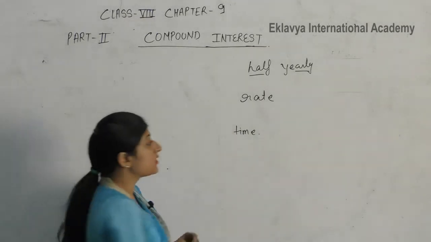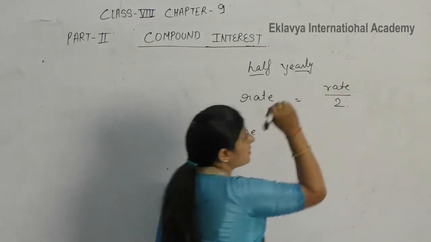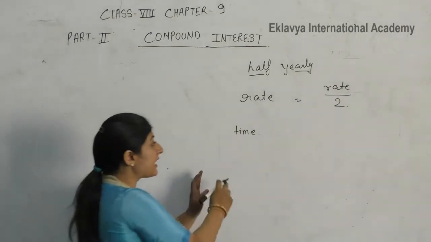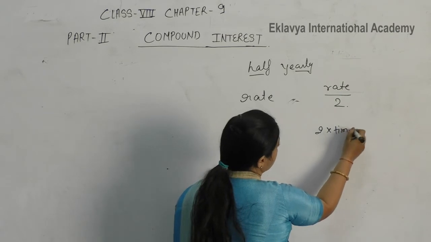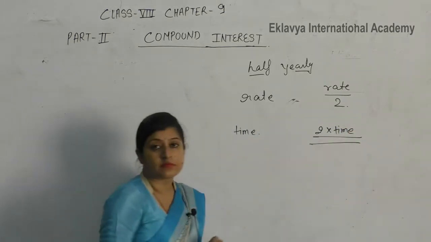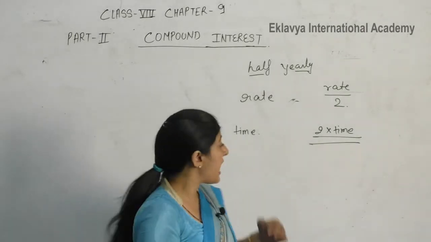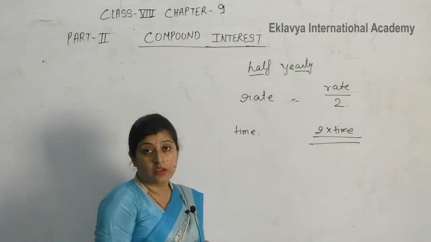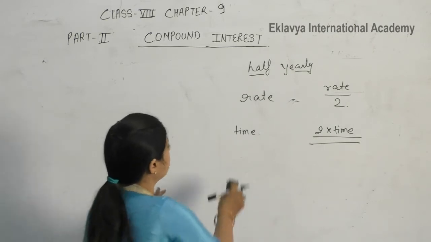In this case, your new rate becomes half and time becomes twice the given time. Rate we will halve if we are taking half yearly, and time we will double.